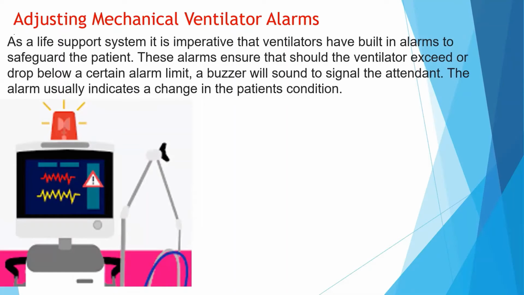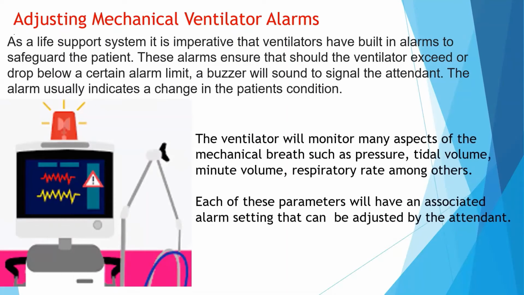The alarm usually indicates a change in the patient's condition. The ventilator will monitor many aspects of the mechanical breath, as we just stated in the previous slide, such as pressure, tidal volume, minute volume, respiratory rate, among others. Each of these parameters will have an associated alarm setting that can be adjusted by the attendant.